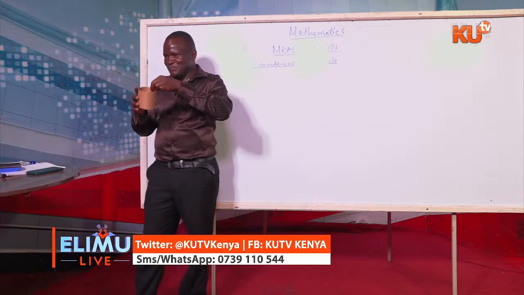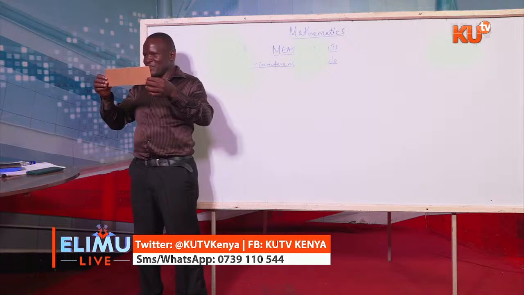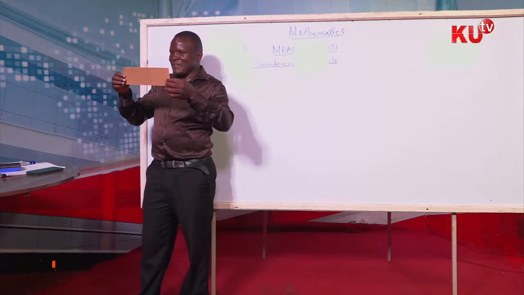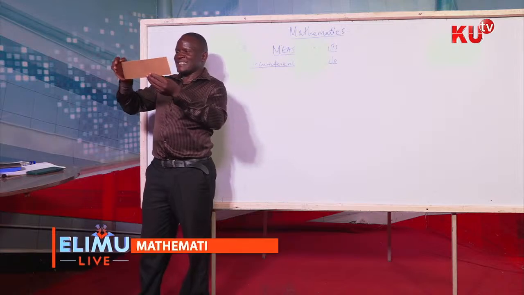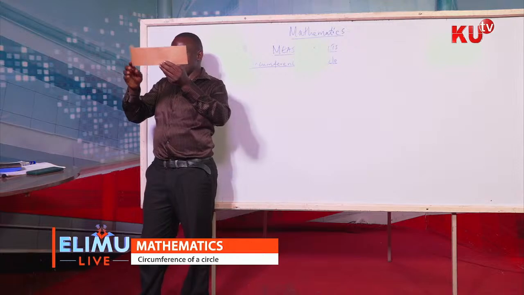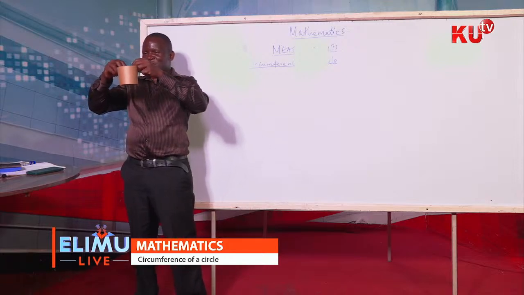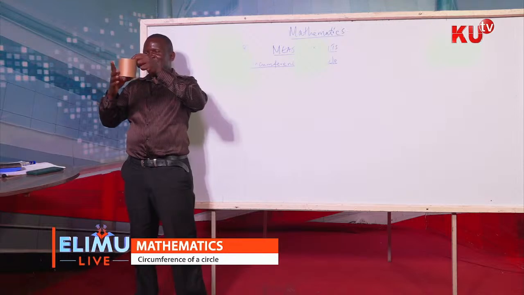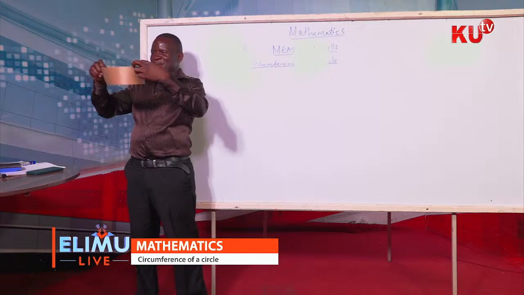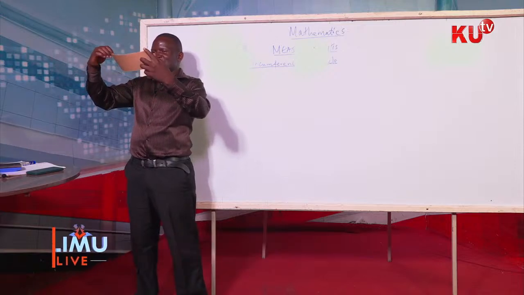I repeat, I have with me a rectangular piece of paper. This rectangular piece of paper has the length. It also has the width. When we fold it, it will form a cylinder. As you can see, the length forms a circle.